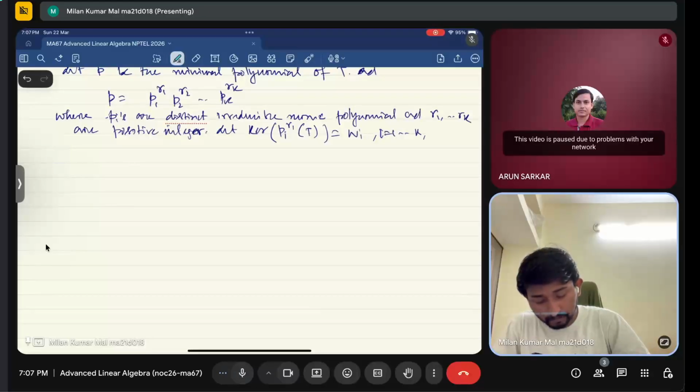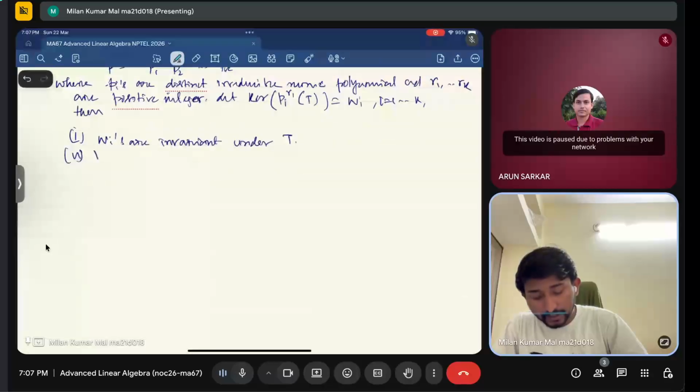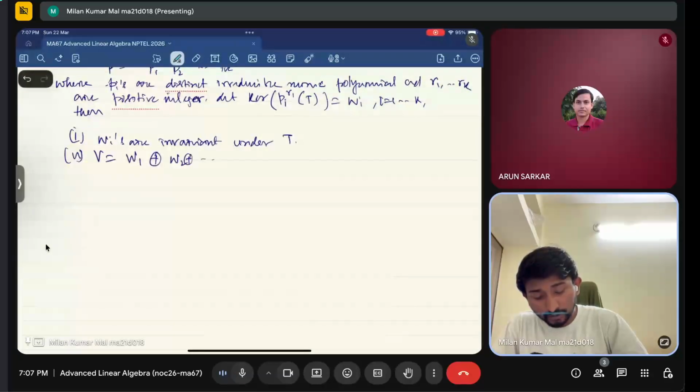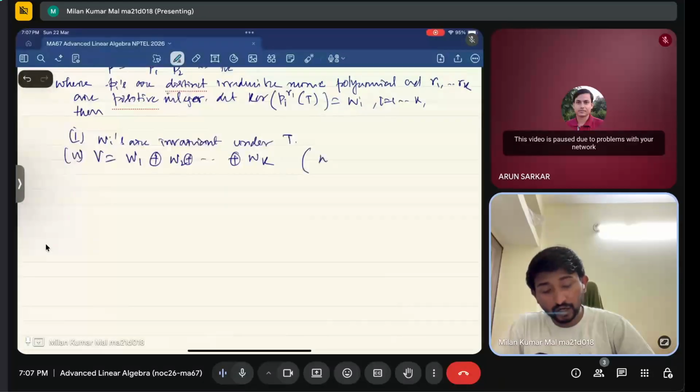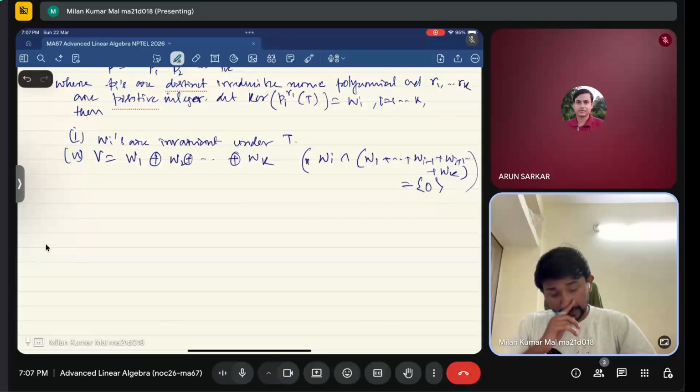Then the first fact is that these Wi's are invariant under T. The second fact is that the vector space V is the direct sum of W1 direct sum W2 direct sum all the way Wk. That says these Wi are not only invariant, but the intersection of Wi with W1 all the way to Wi minus 1, Wi plus 1 all the way to Wk is disjoint, for all i.